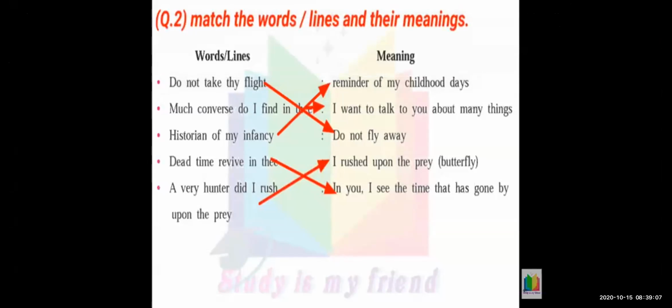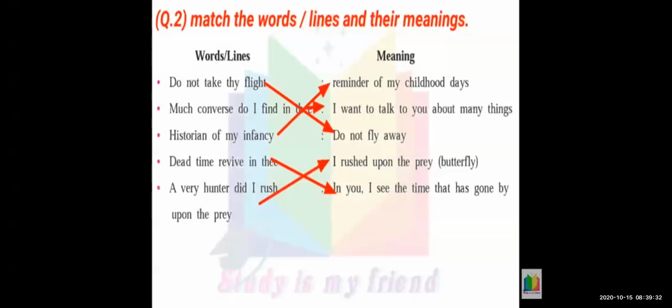Here, last line, a very hunter did I rush upon the prey. The poet suggests himself that he was a hunter. He was rushing behind the butterflies. He hurts them.